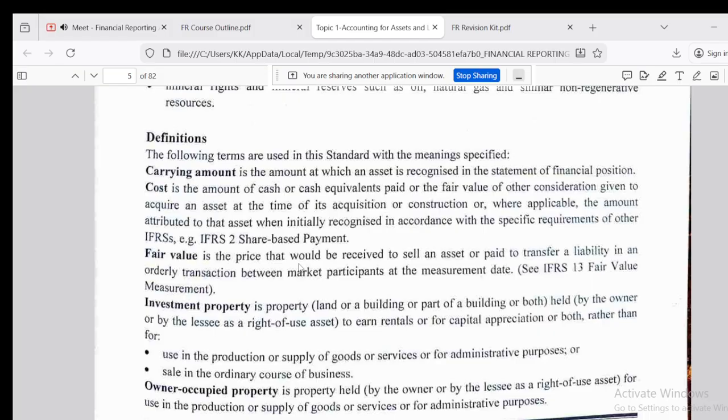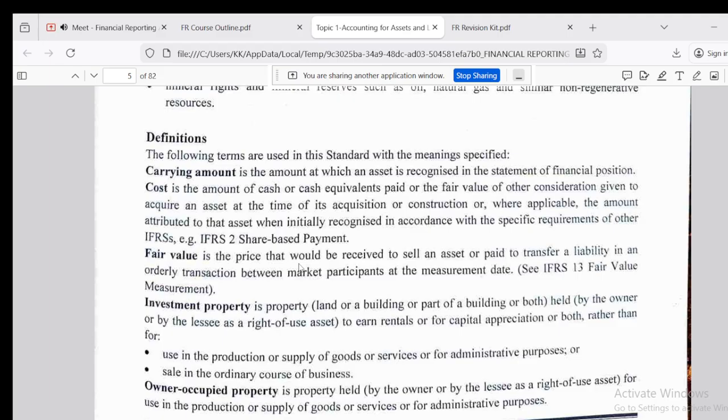Like you see, you are highlighting some points where investment property cannot be used. It cannot be used in production or supply of goods or services or for administrative purposes, or sale in the ordinary course of business.